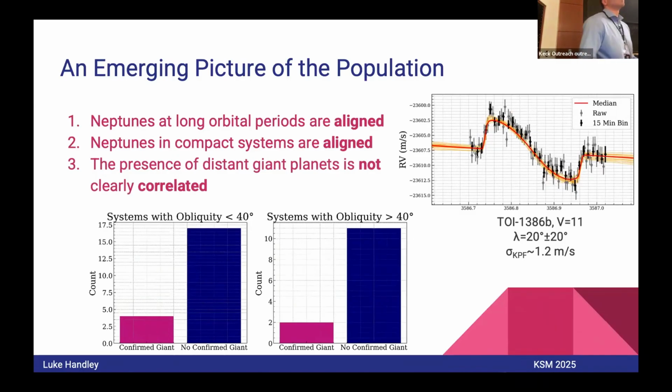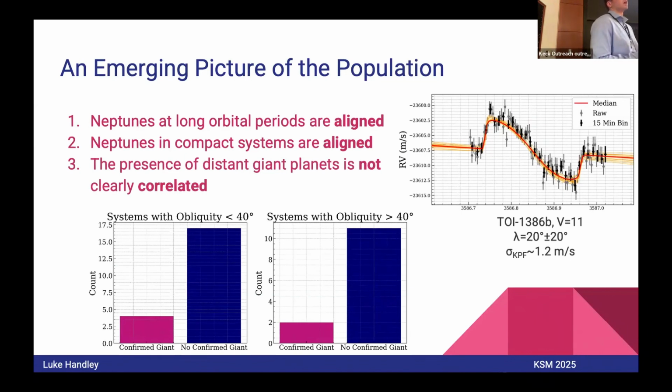But speaking of perturbations, if we now split the sample into those that are mostly aligned versus those that have exotic obliquities, what's really interesting is that we don't clearly see a trend towards having confirmed giant companions, which we think are the dynamical perturbers in this system. Now, there's the caveat that, of course, we don't have immensely strong constraints on the companions for all of these.